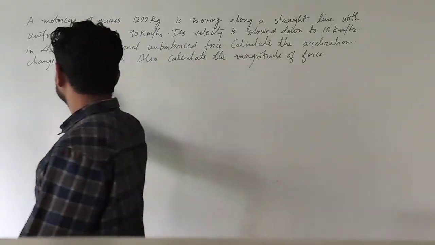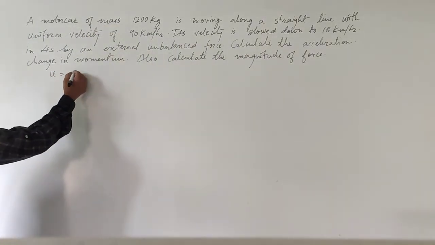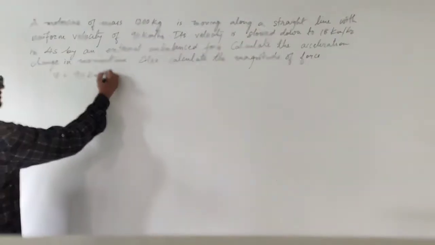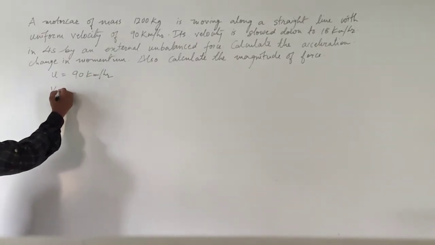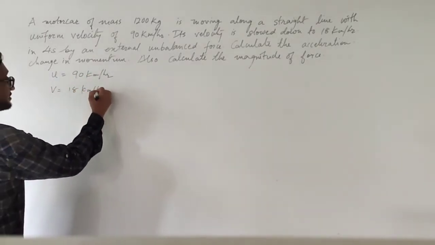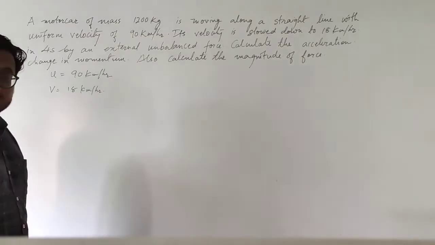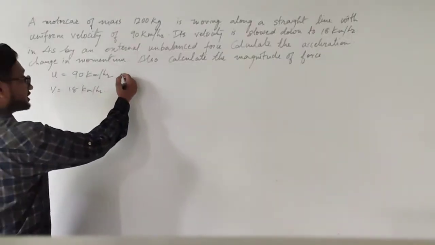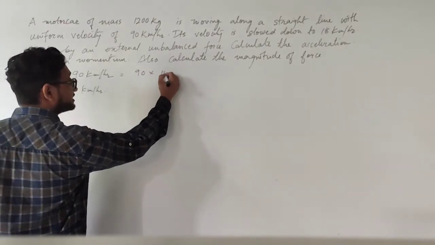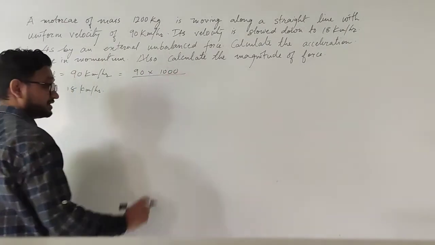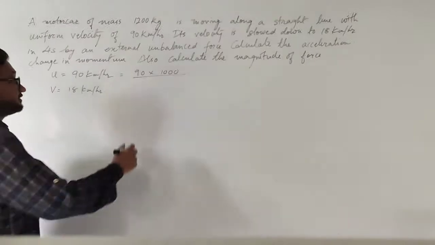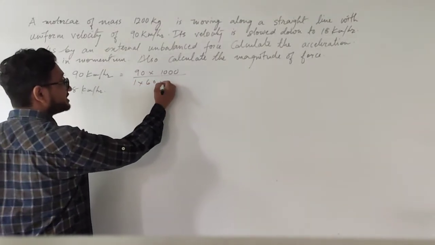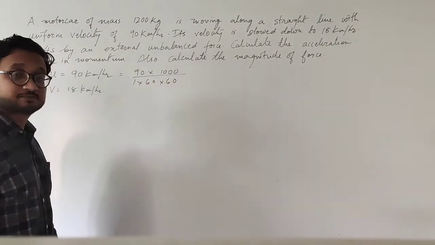So the initial velocity is given as u, 90 kilometers per hour, and v is 18 kilometers per hour. So that is changed after applying the brakes. So you need to first of all convert this, so kilometers into meters, multiplied by 1000, and converting 1 hour into seconds, so that is 60 minutes into 60 seconds.